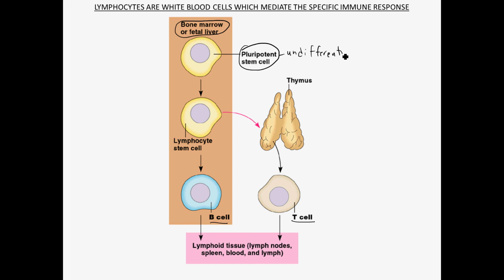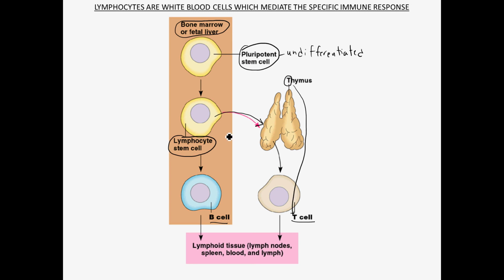This is an undifferentiated stem cell, meaning that it can be signaled to become a lymphocyte stem cell. And now this lymphocyte stem cell can, if it travels to the thymus here and matures in the thymus, we get a T cell. So the lymphocytes that mature in the thymus are called T cells.